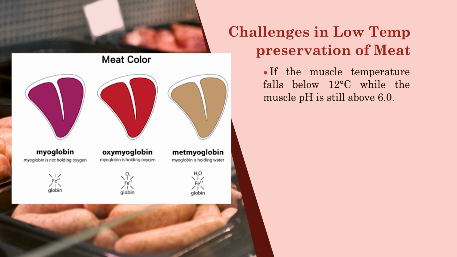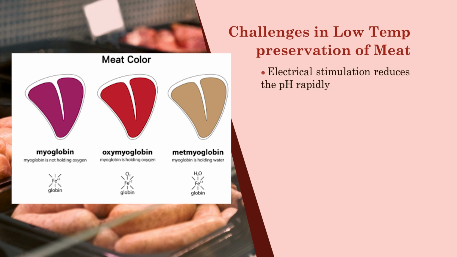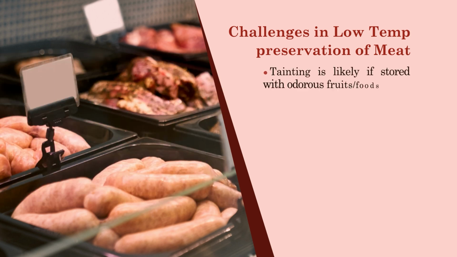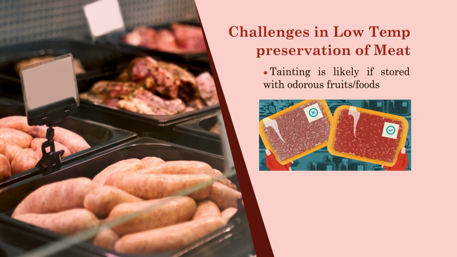To prevent this, what is important is giving an electrical stimulation to reduce the pH rapidly and hasten the onset of rigor, thereby minimizing the incidence of cold shortening. Tainting is the taking on of odors if meat is not properly stored or is stored with other meats or odorous fruits or vegetables.